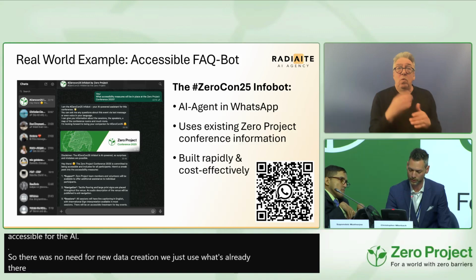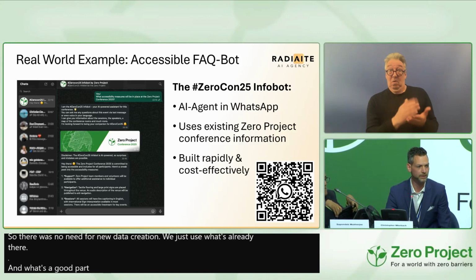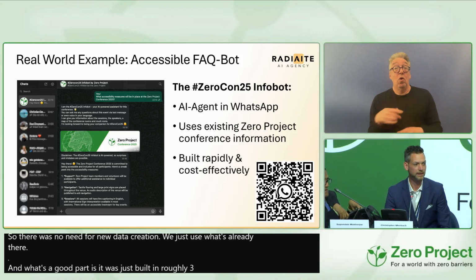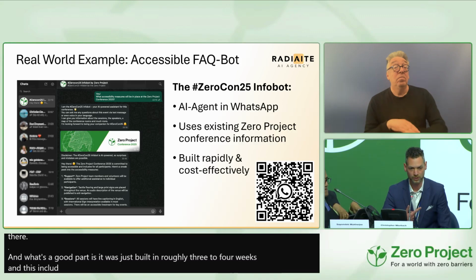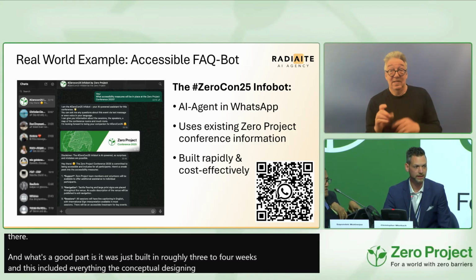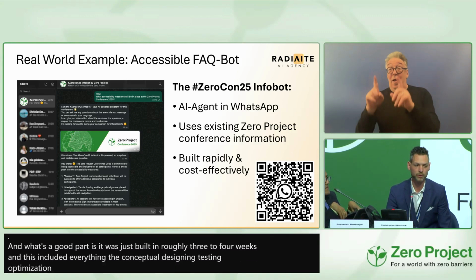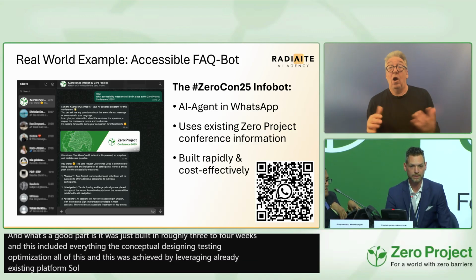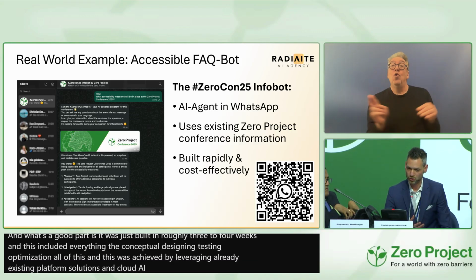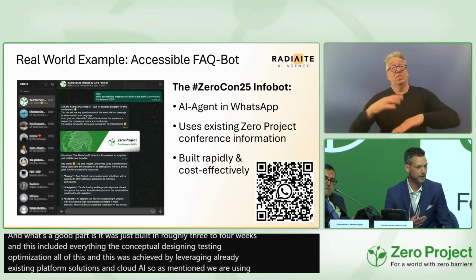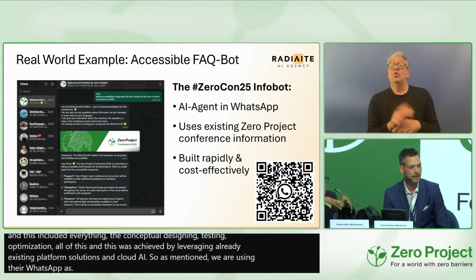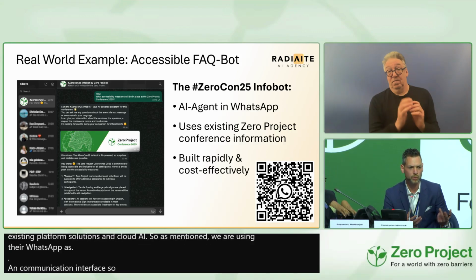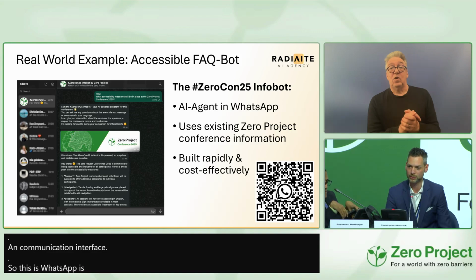And what's the good part is it was just built in roughly 3 to 4 weeks. And this included everything, the conception, designing, testing, optimization, all of this. And this was achieved by leveraging already existing platform solutions and cloud AI. So as mentioned, we are using WhatsApp as a communication interface. So WhatsApp has, I think, quite good adoption.